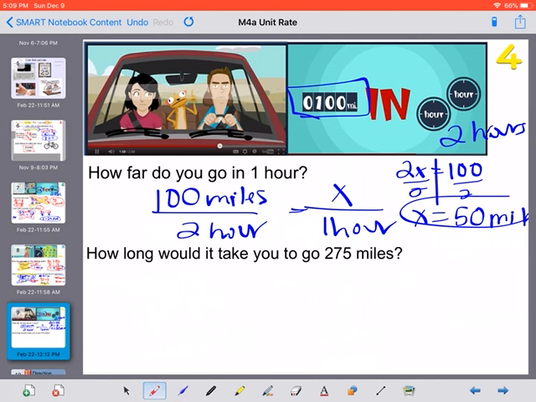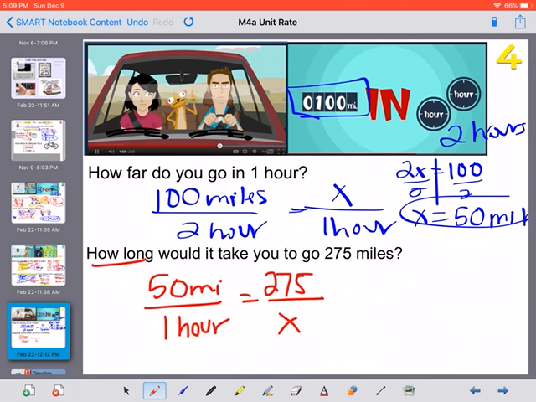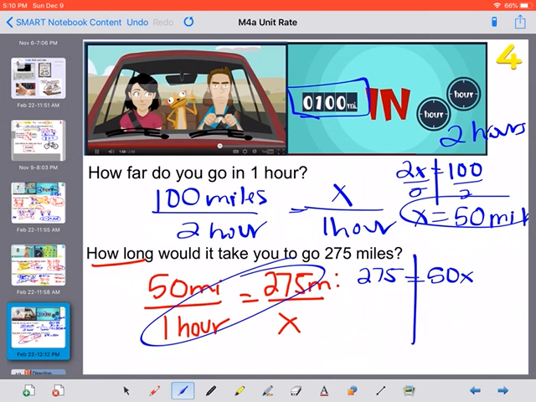So how long would it take you to go 275 miles? So 50 miles in 1 hour. We want to know how much time it would take to go 275 miles. Miles are both on the top, so we're going to cross multiply. 275 times 1 is really 275. 50 times x is 50x.